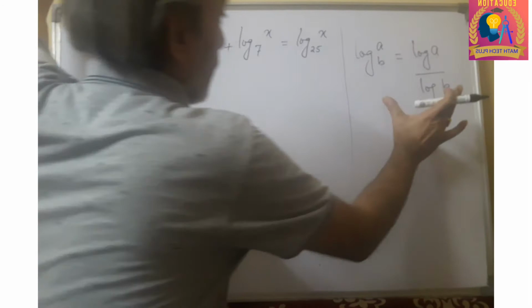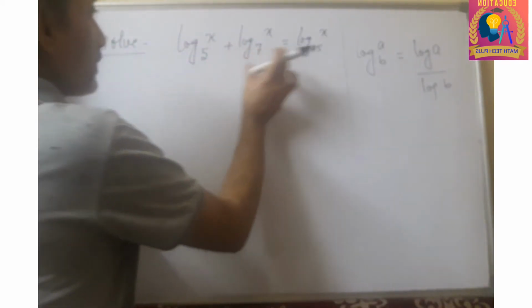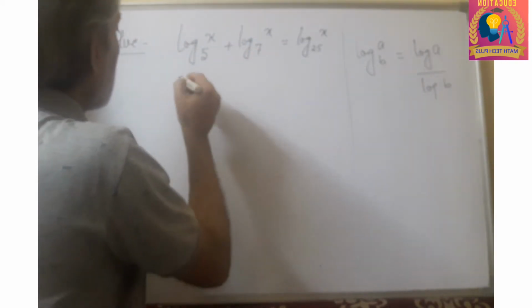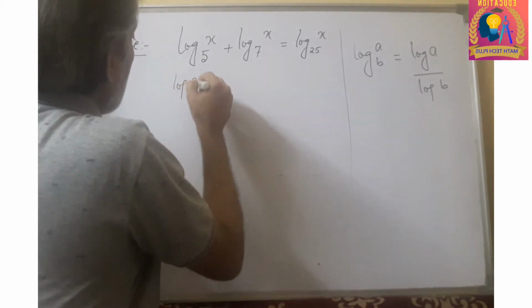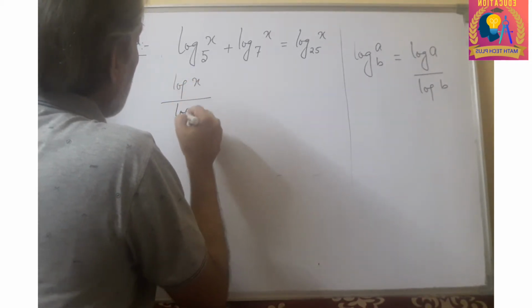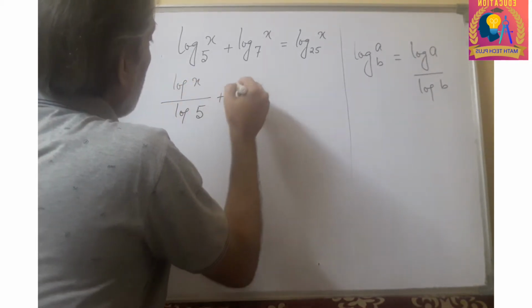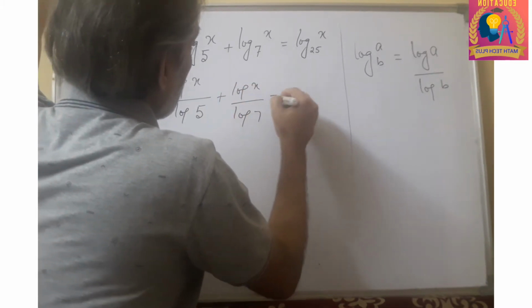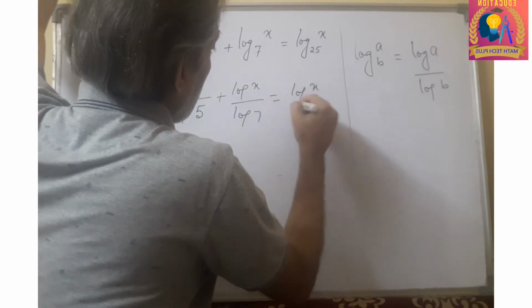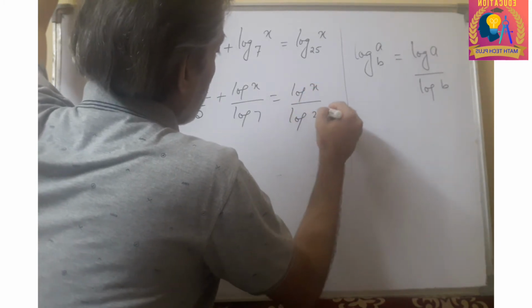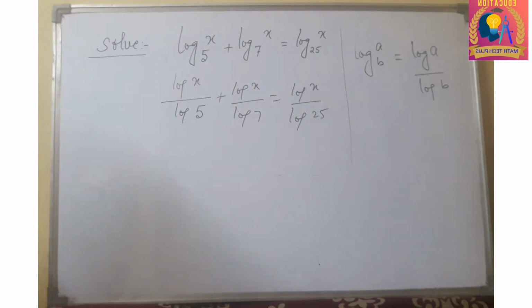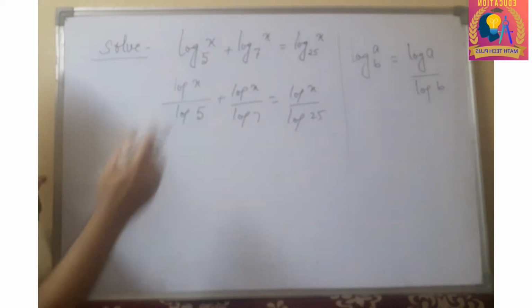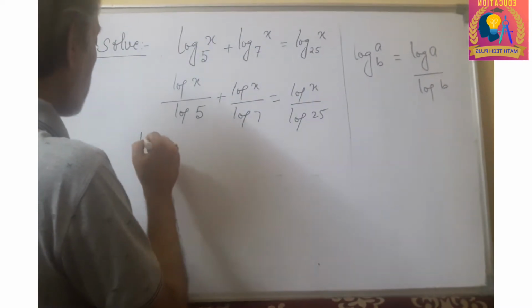So now apply this formula to these three terms. What we are getting? Log x upon log 5 plus log x upon log 7 equal to log x upon log 25. Now you can very well see that log x can be taken as common.